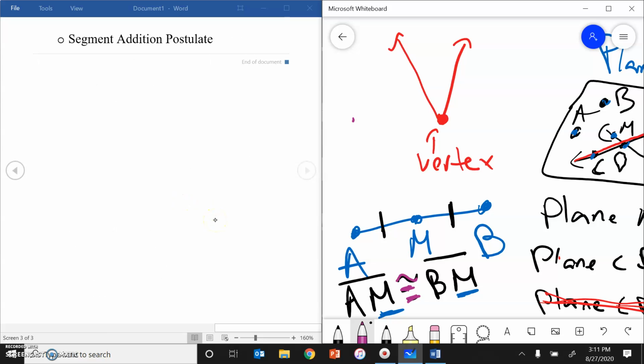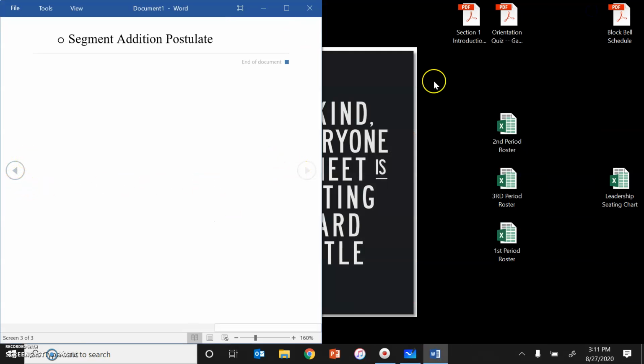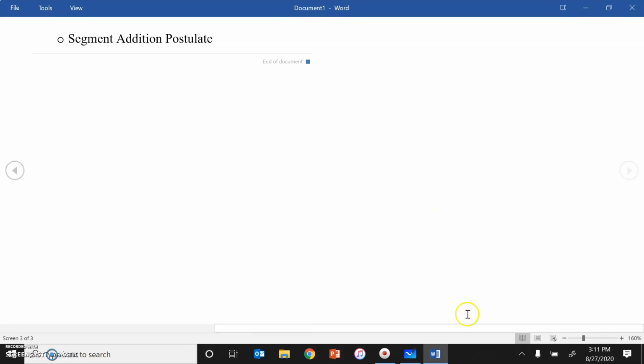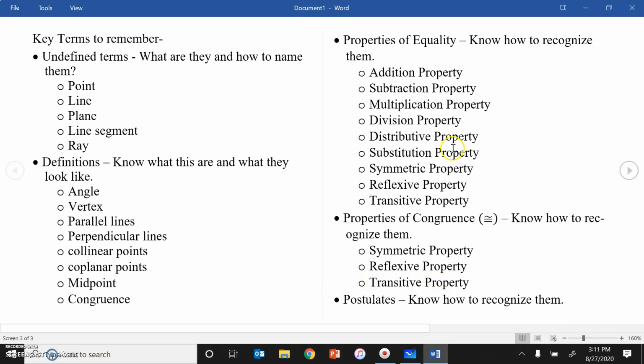And then we talked about all these other things. We talked about the properties of equality, and then we talked about properties of congruence. The properties of equalities: addition, subtraction, multiplication, division. Those are the ones you use every day when you're adding and subtracting equations.